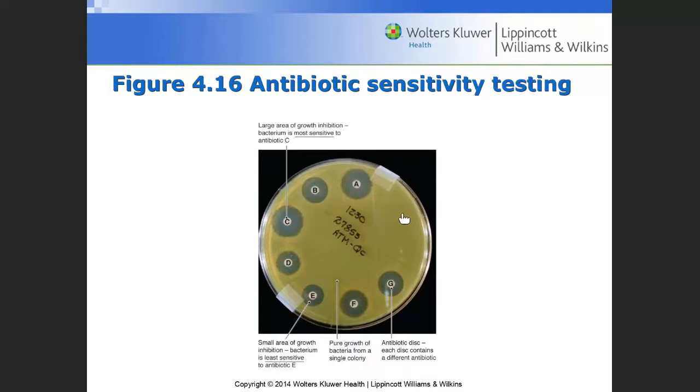And what this does is you take the bacteria and you make a lawn of the bacteria. So this plate has similar bacteria. But if you wanted to test the effectiveness of different antibiotics, what you could do is put a little paper disc, and then you add maybe 10 microliters of antibiotic on the disc, and as the antibiotic diffuses from this piece of paper, right?